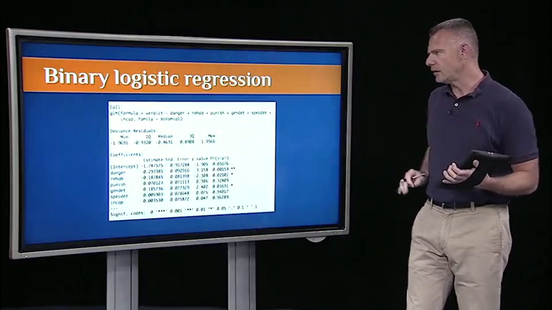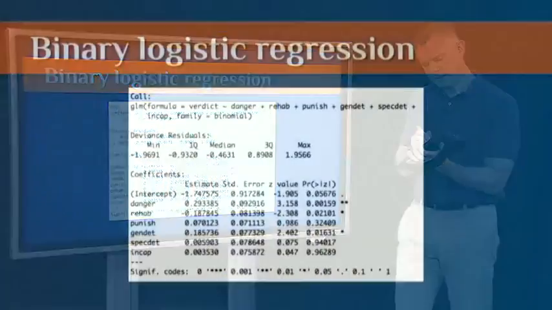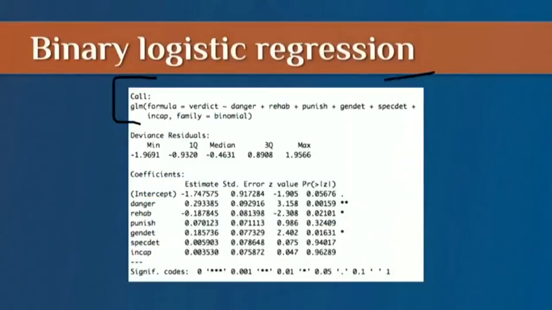So I ran that in R, and you'll see at the top of this slide the formula now, since we're not doing a regular multiple regression like we did a few weeks ago, we have to call the formula GLM, not LM. So GLM is for generalized linear model.